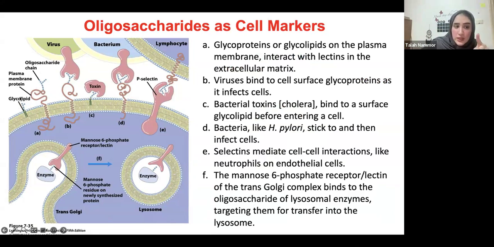They can be bound to a glycolipid, like you see here. They can be bound to a protein that exists there or a receptor, and they will help in cell signaling, or they can help in allowing microorganisms to infect the cell. Tamam? This is all you need to know. Do you really have to know the specific details? No. Okay?